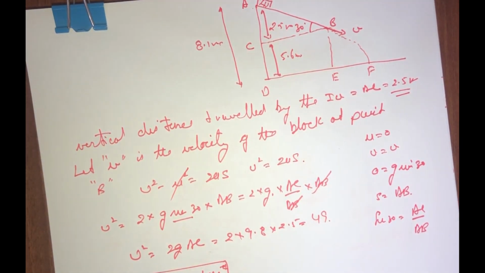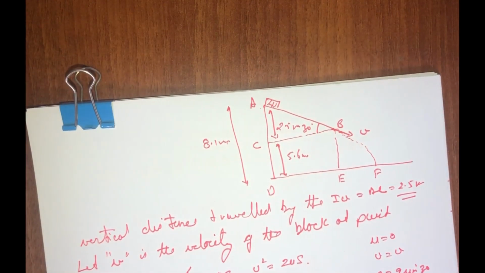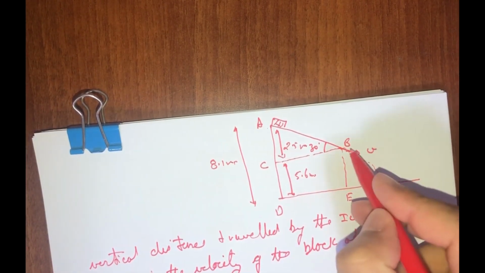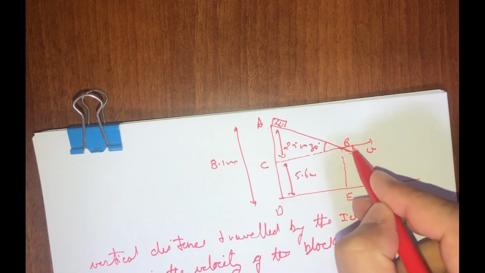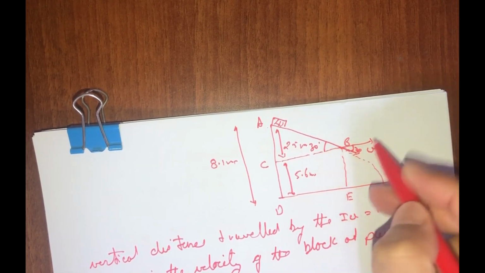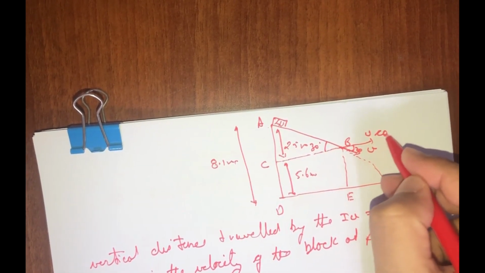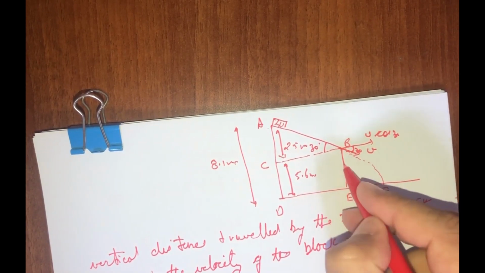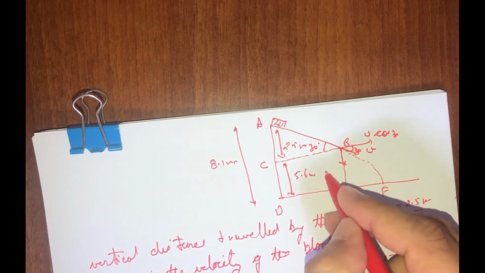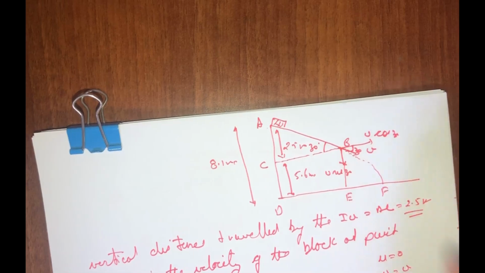Now we can divide this velocity V into two components, horizontal as well as vertical. This will be the horizontal component, this angle is theta, so this will be V cos of 30, and this will be the vertical component, that is V sine of 30.